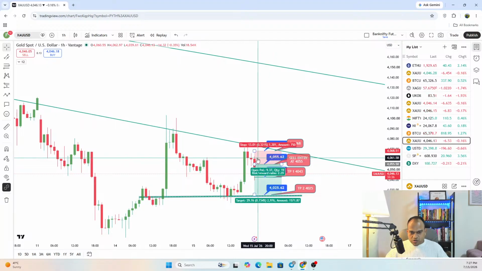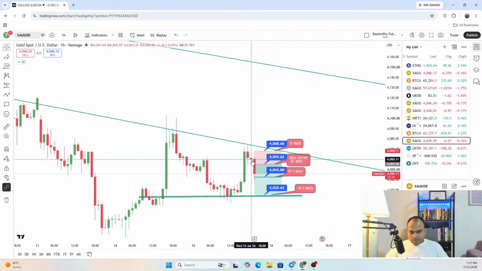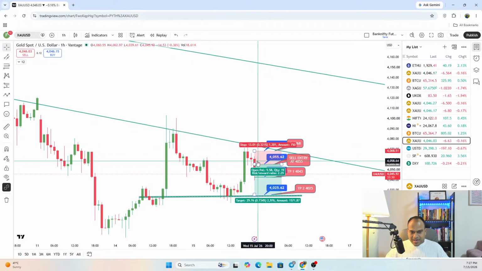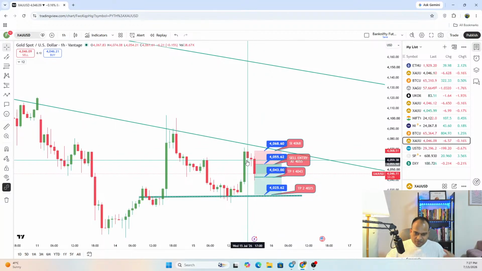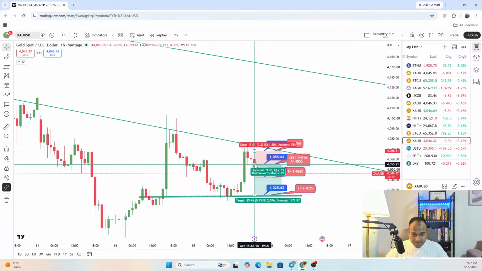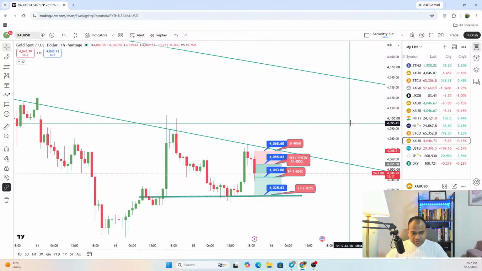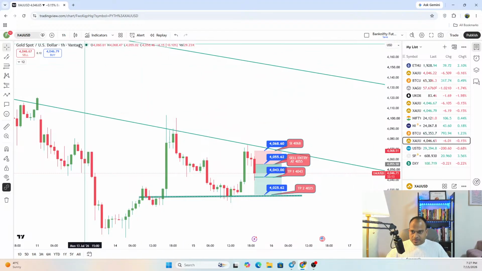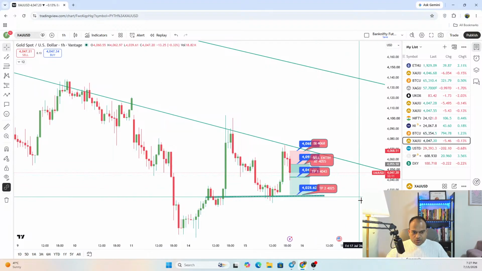The next one was also dodgy, which indicates that the momentum of selling pressure is there, and that improved my conviction in this trade. Then I took an entry here at 4055 on the sell side around 15 minutes back, and since then the market is pretty much going in my direction.